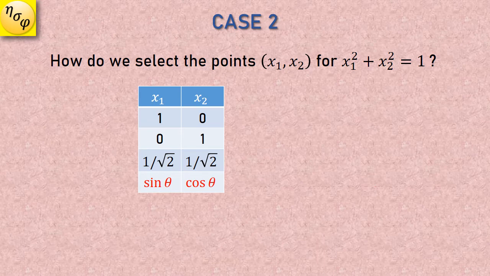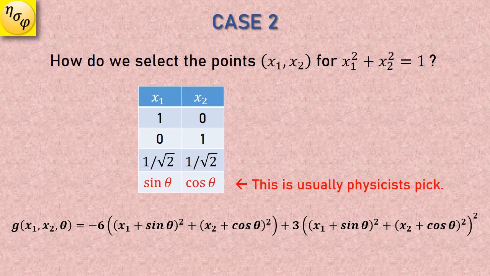As you see, usually physicists pick the last option. Hence, the function g as a function of x1, x2 and theta is as shown on the screen.